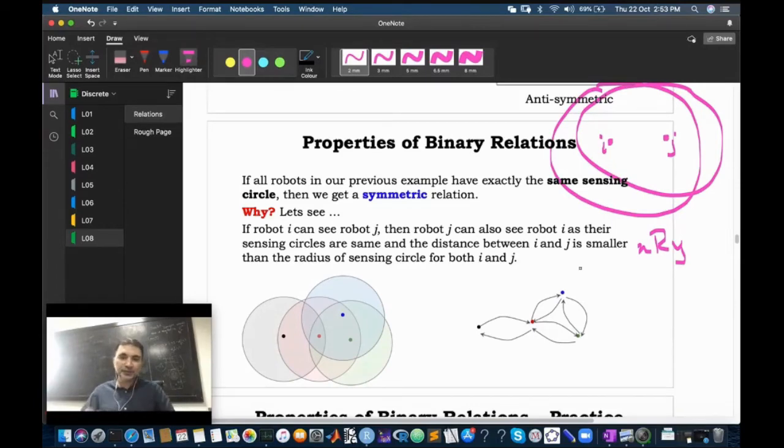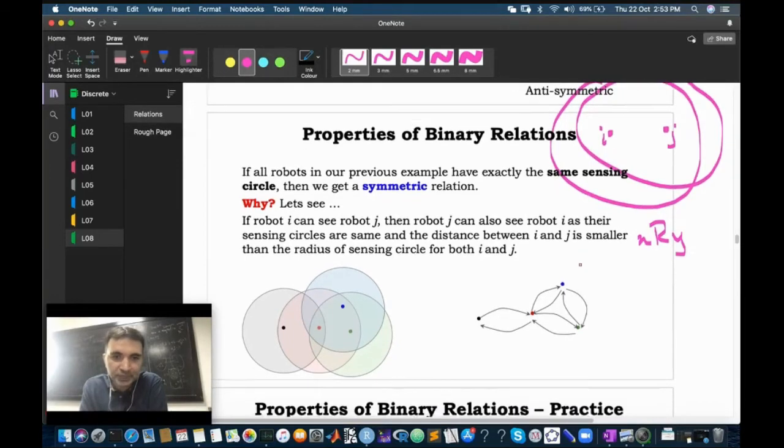जिसमें मेरे पास जो robots हैं उनकी जो ranges हैं they are same. अगर उनके radius same है तो they should be able to both see each other. Okay, because इसकी जो प्रॉपर्टी की वजह है वो सिंपली डिस्टेंस है. अगर मेरे पास इन दो डॉट्स, if the distance from A to B is x, then the distance from B to A must be x as well.